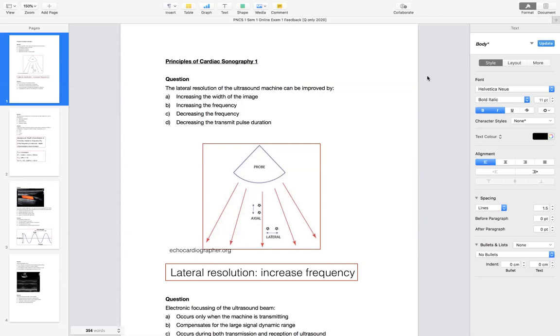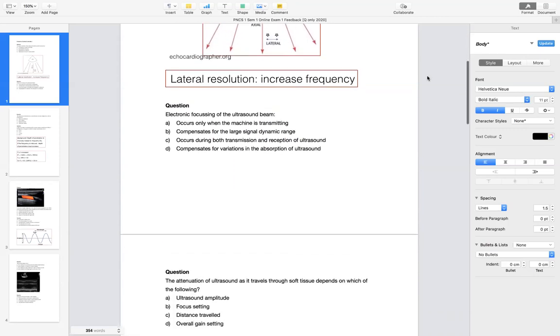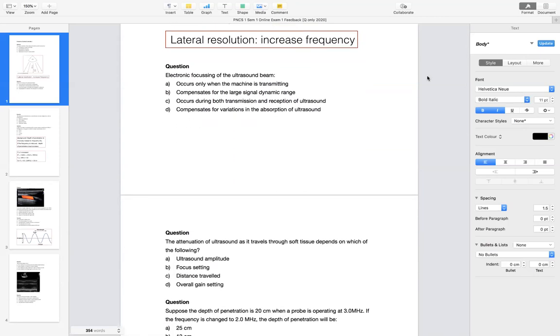So that one can be excluded. A, can it be A? Well, increasing the width of an image actually does not improve lateral resolution at all. It only makes it poorer. So increasing frequency, in short, was the answer to this question. So lateral resolution, if you want to improve that, you increase the frequency.